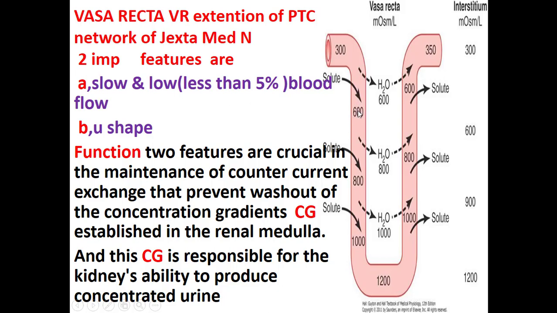As we move down, more and more solutes are present outside, so solutes will begin to move inside. As the filtrate moves down, solutes move into the descending limb of the loop of Henle from the interstitium, because solutes are more over there and less here.